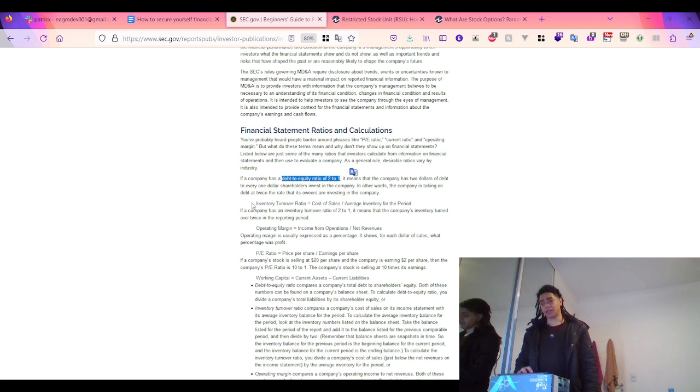The other is the inventory turnover ratio: the cost of sales divided by the average inventory for the period.